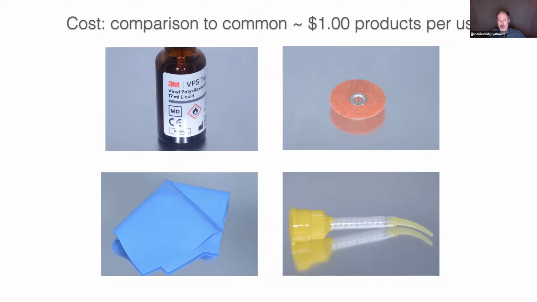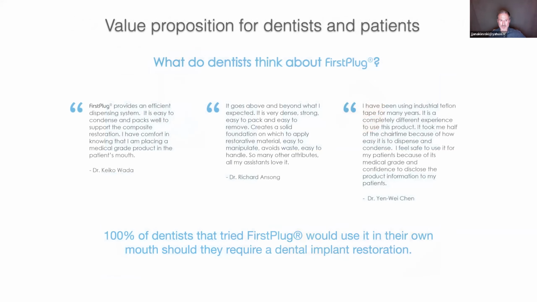Each application costs about $1 per tray, okay? Rubber dam, mixing tips, Softlex discs can cost anywhere from 80 cents to $1, depending on where you buy them. So, we don't think about these things. We use products every day that we use and throw away for procedures which are even less costly than implant restorations, and they cost about the same amount of money.